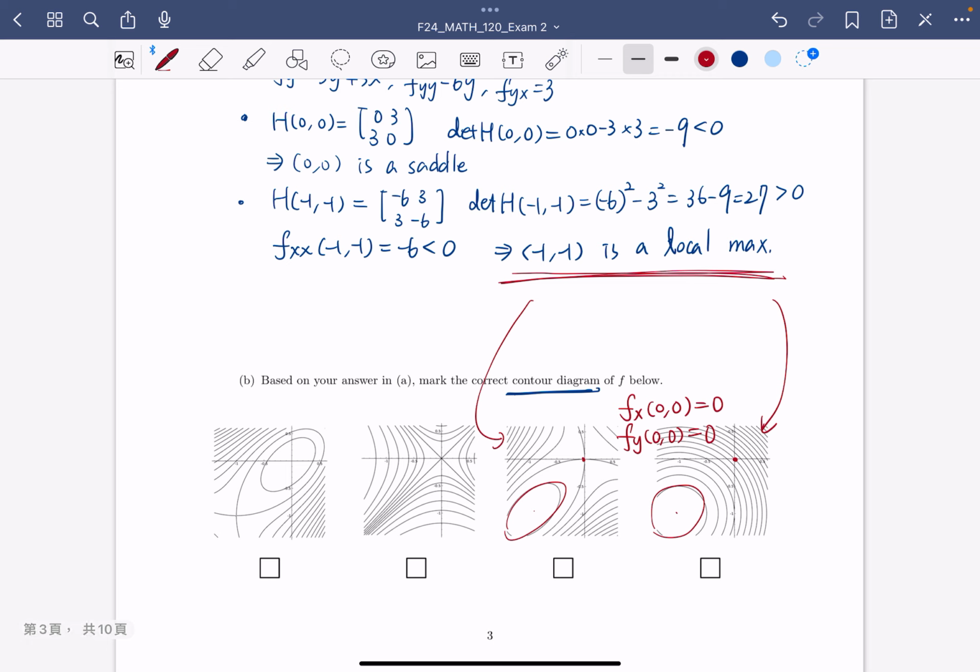But in this fourth diagram, it doesn't appear to be a critical point, while for this one, it does look like a critical point, with, of course, f_x equals 0 and f_y equals 0. So the answer is this third one. Okay.